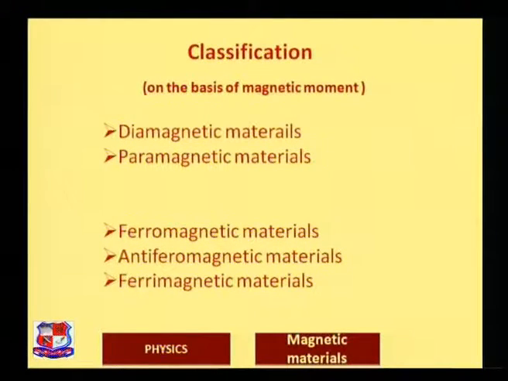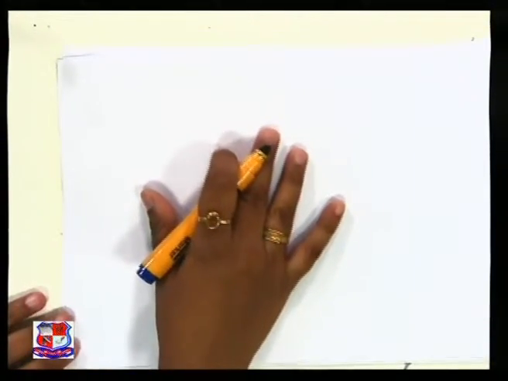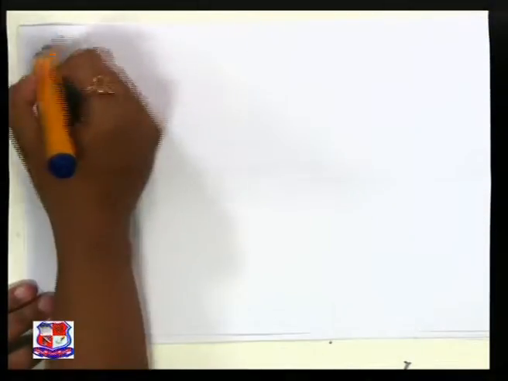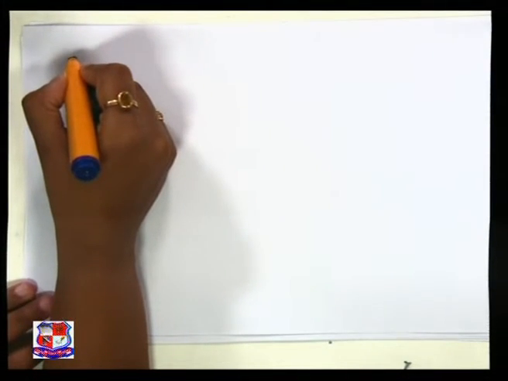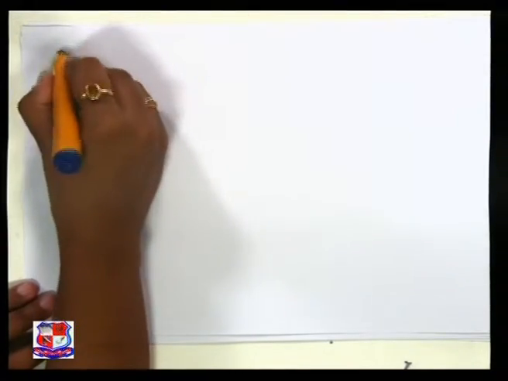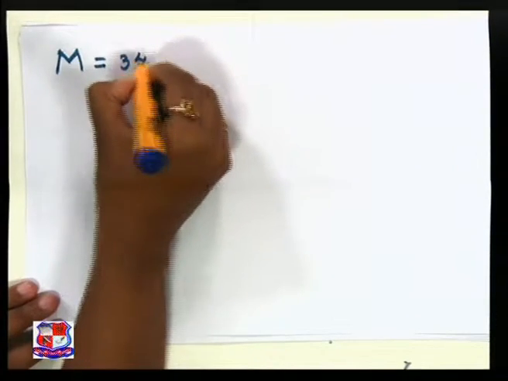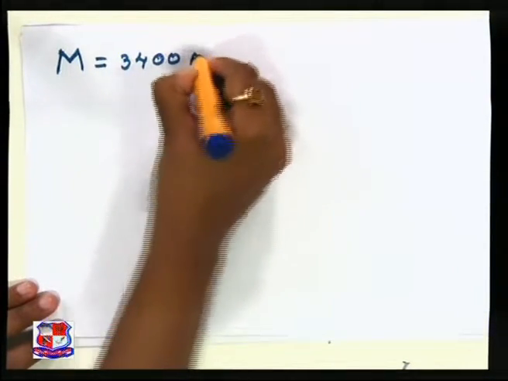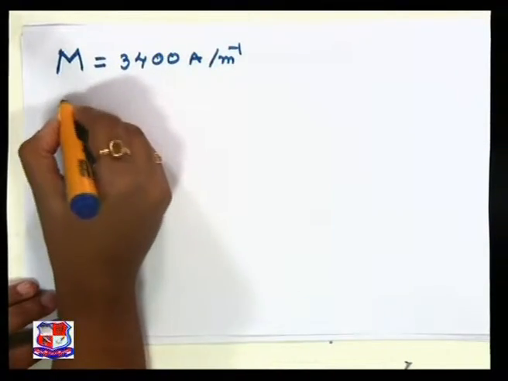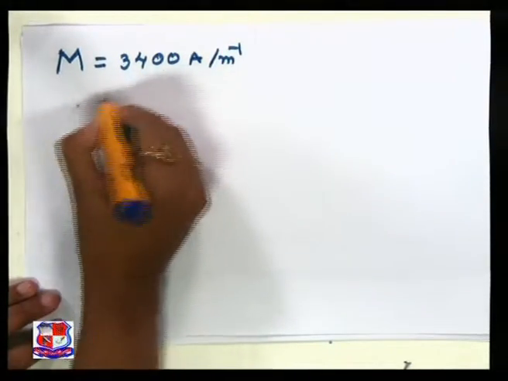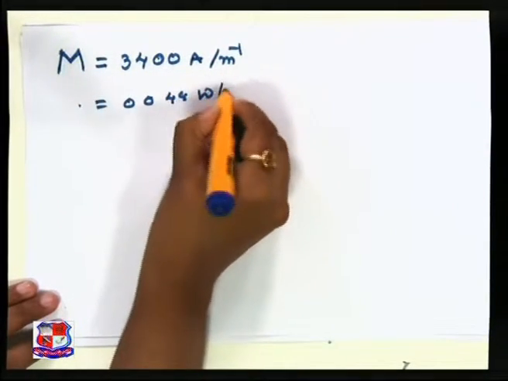Now the last numerical that we can do here is one in which we are given a magnetic material. The magnetic material has a magnetization M of 3400 ampere per meter, and the flux density is 0.0048 Weber per meter square.